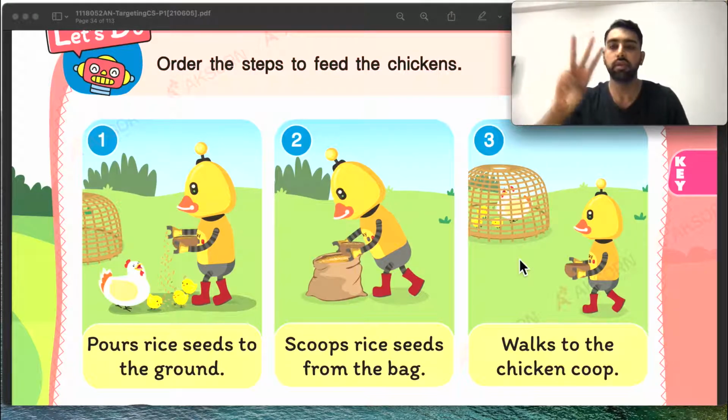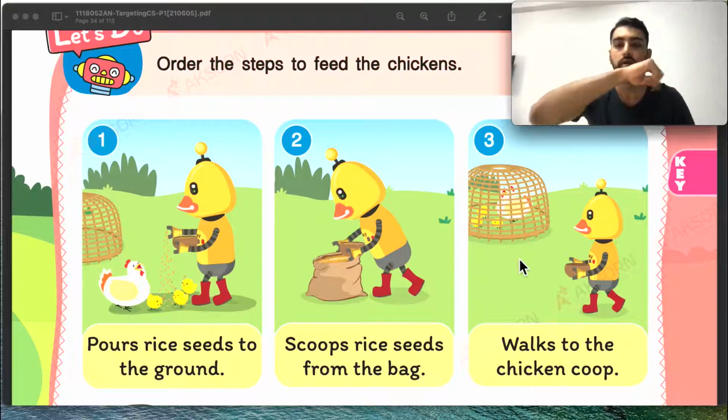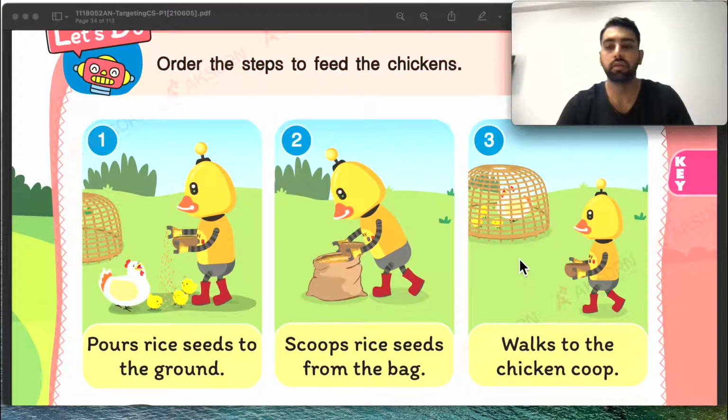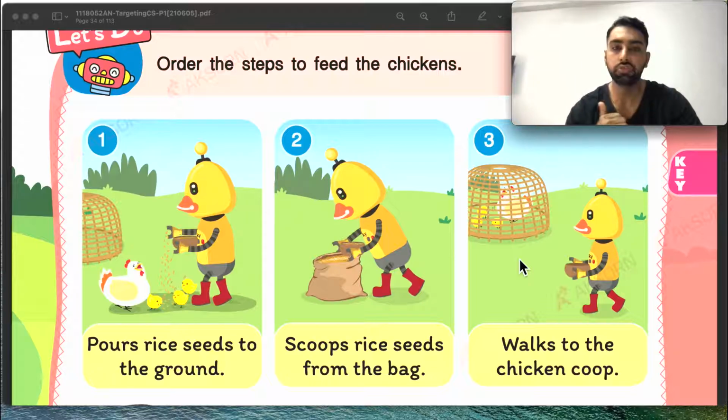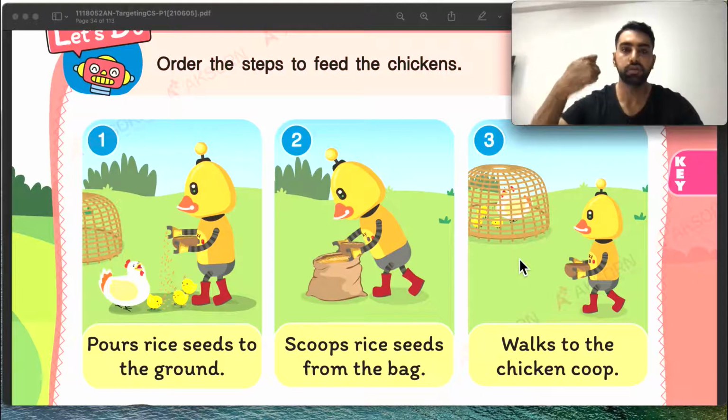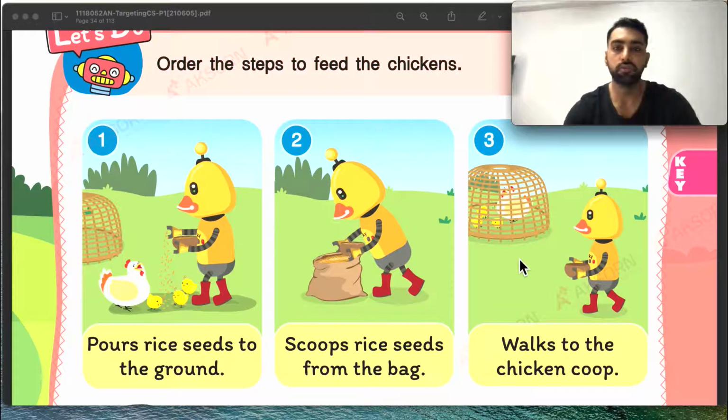Number 3, walk to the chicken coop. Alright, let's see which one he has to do first, and then second, and then third. Which one should be first? Should he walk first, or pour first?